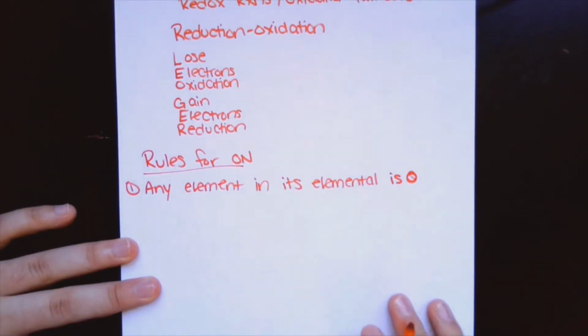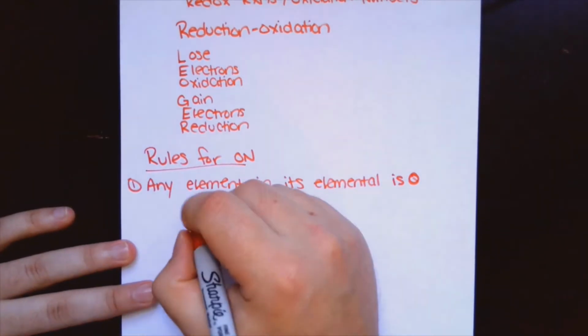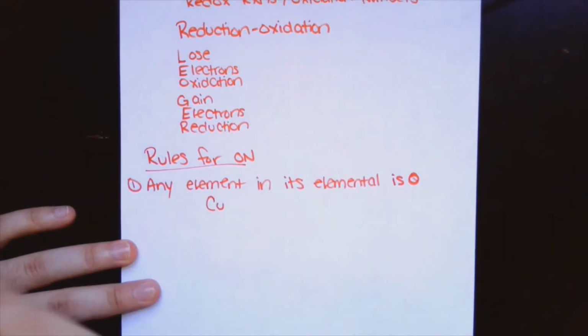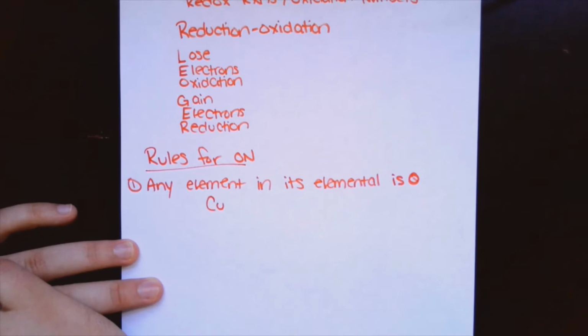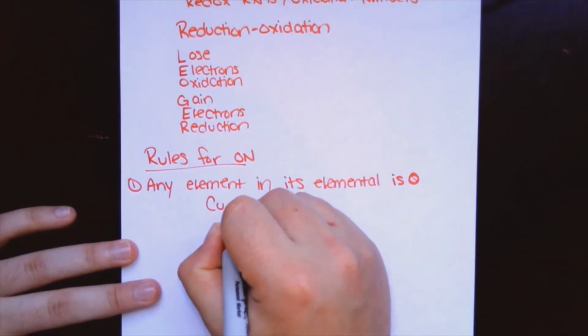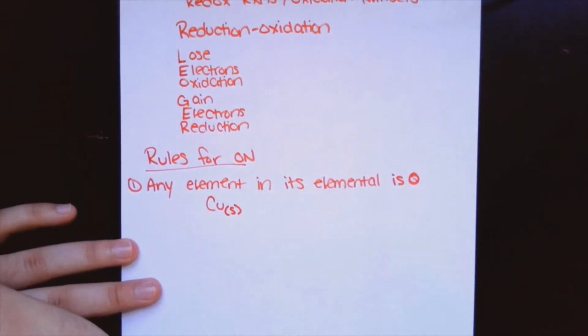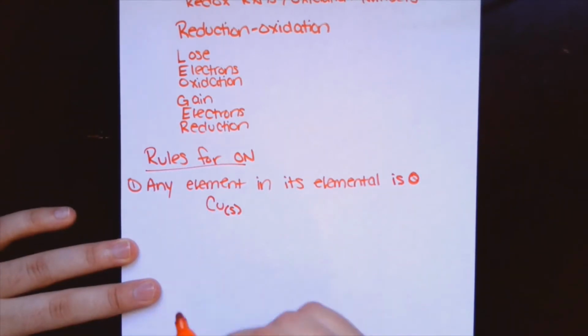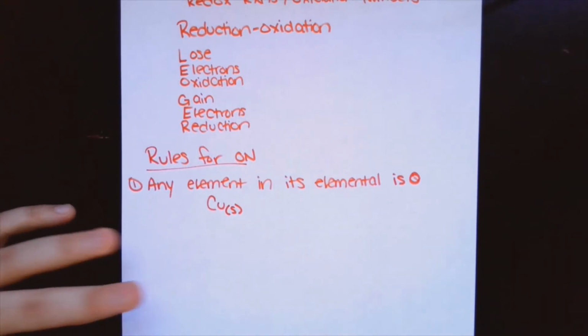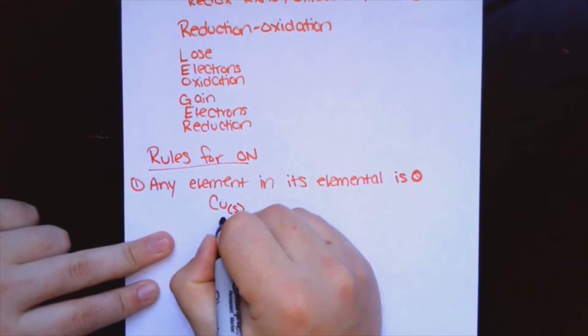So what does that mean? Well, for metals, let's say copper, for instance, the natural elemental state of a metal is as a solid monatomic element, just a single solid atom of that element. The one exception is mercury, which is a liquid. So if you see copper like that, it's going to have an oxidation number of 0.